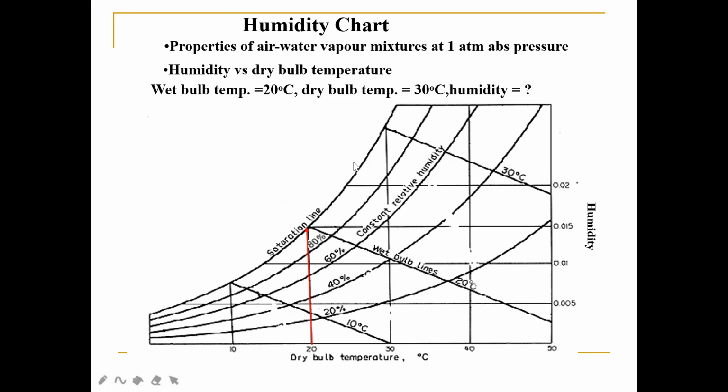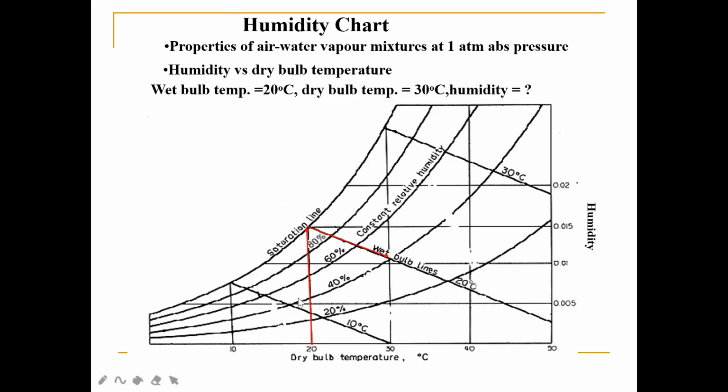Remember what I told you before, that the wet bulb temperature is measured with a wet cloth around the bulb, so that represents the maximum or 100% humidity. That's why you draw the vertical line to meet the 100% humidity or the saturation line.